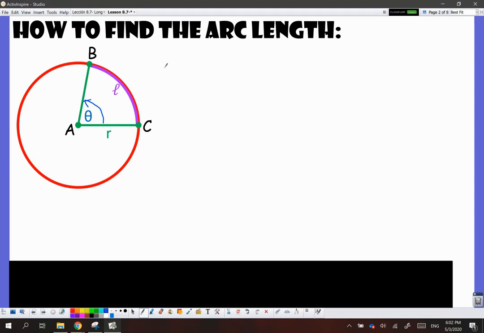So I have a piece of the circle over the total circle, right? This would be the arc, and this would be the 360 degrees.